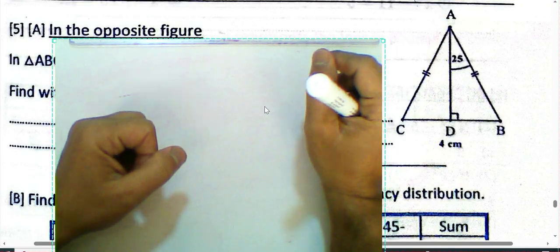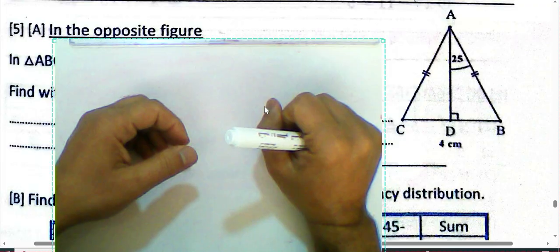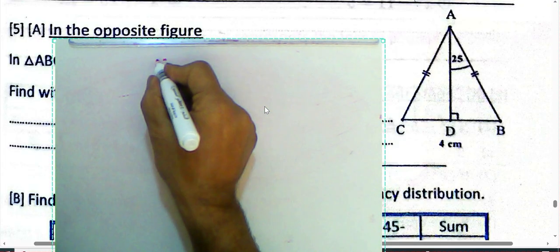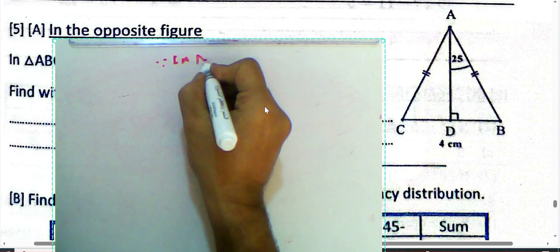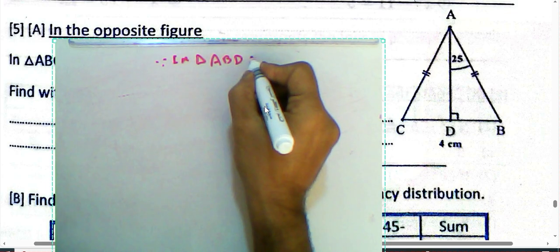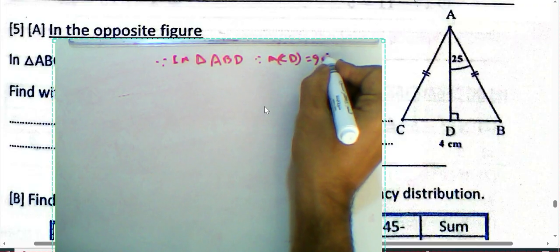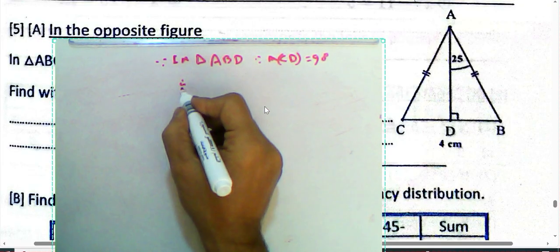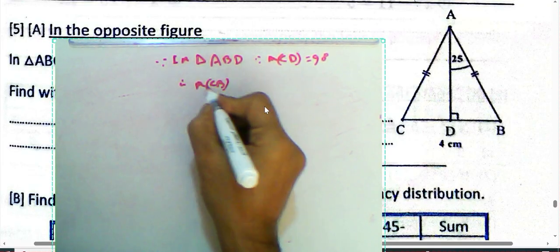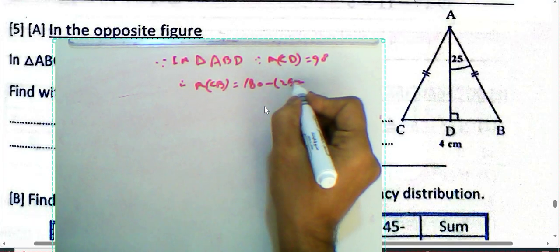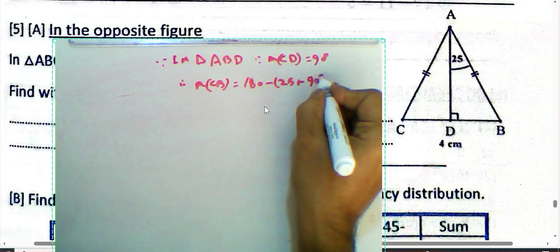It's a direct question. Here we have an isosceles triangle. Then the measures of the two base angles are equivalent. Such that in triangle ABD, the measure of angle D was 90 degrees. Then the measure of angle B equals 180, subtract the sum of the interior angles 25 and 90.